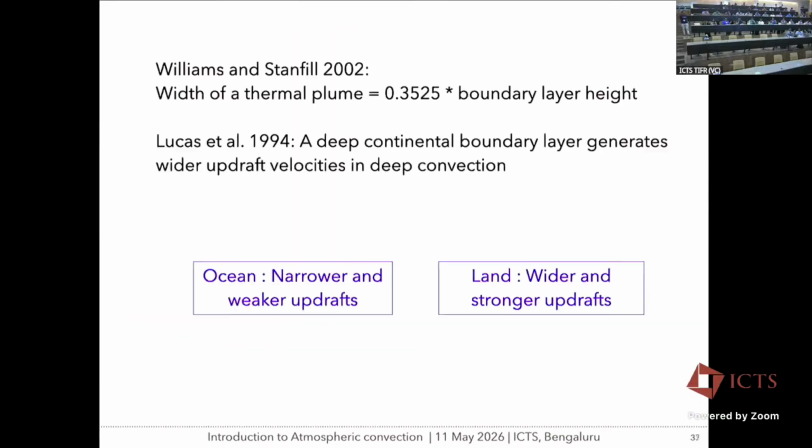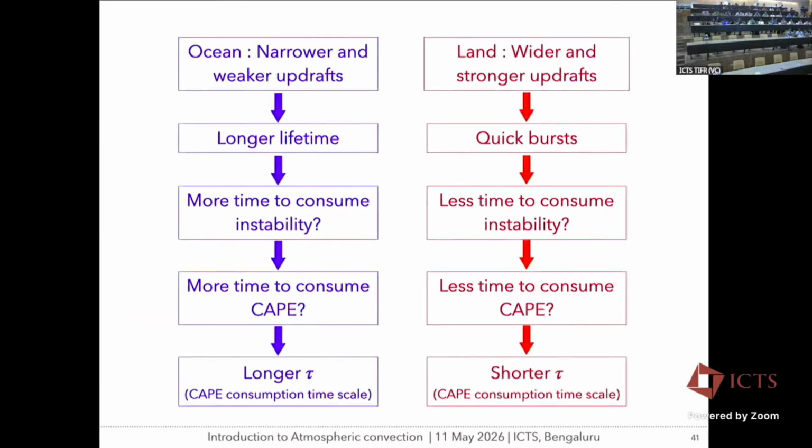I'm not able to connect the point here in this flowchart, like ocean has narrower and weaker updrafts, and also it takes more time to consume the CAPE, so the system is going to be a little longer, I'm assuming. I'm not able to connect the narrow and weaker updrafts to a longer lasting system, and also the contrary for the land, if you could. Yeah, that's a good point.